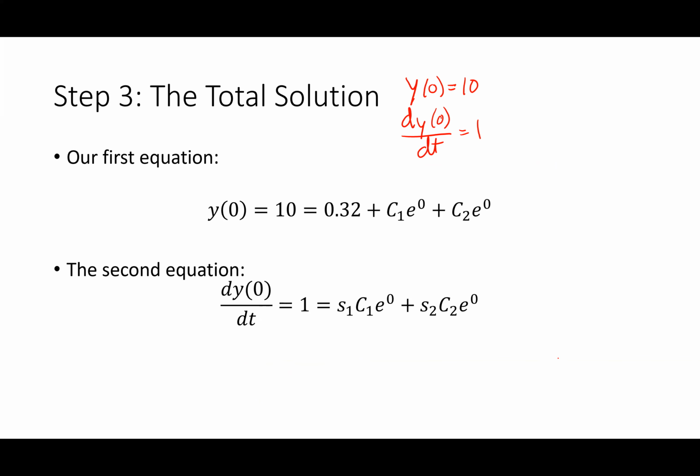I want to turn this into a matrix thing because that also becomes easy for me to code up. So how should I set this up? Well, I'm going to take this 0.32 and move it over here. So it's 9.68 equals C1 plus C2. And this one is 1 equal to S1 C1 plus S2 C2. Now we know what S1 and S2 are.